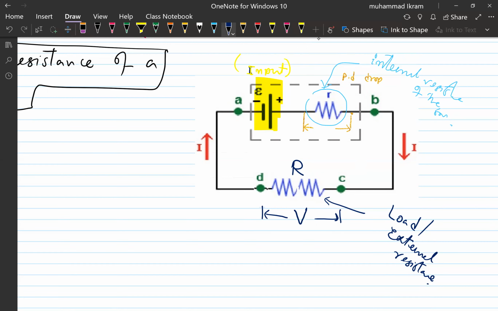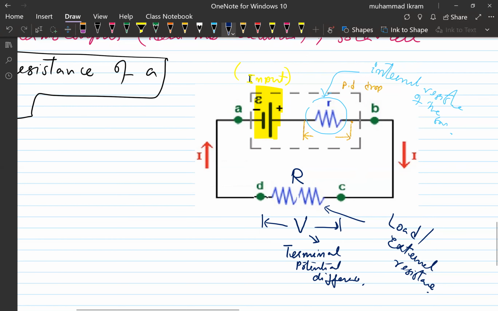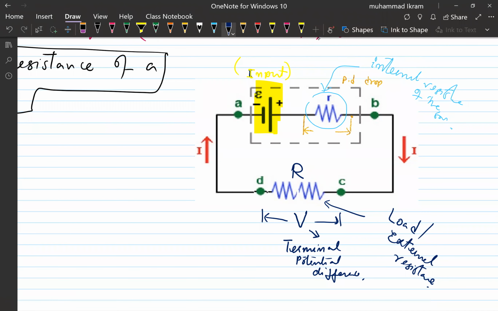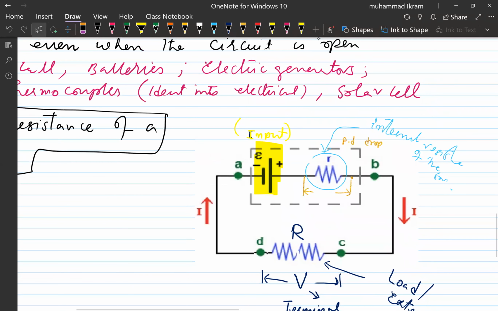It could be marked VT also, or simply I will write terminal potential difference. This is what we are interested in, what potential difference we are getting at the points D and C. So this is our output. Now this is neither our input nor our output, but the battery's own internal resistance, and this energy is going to be wasted.